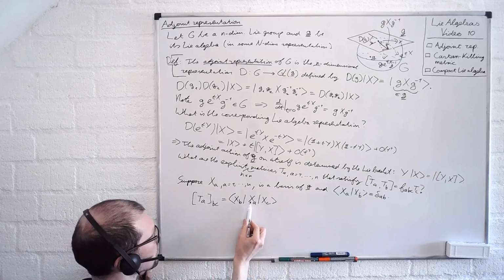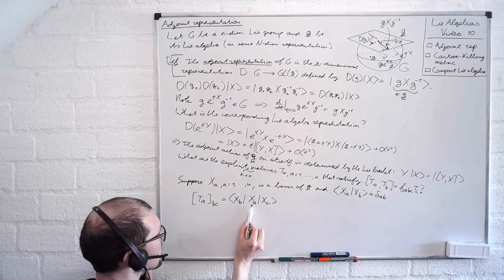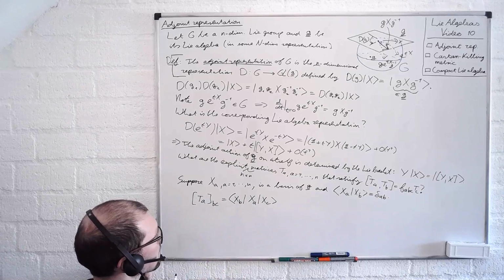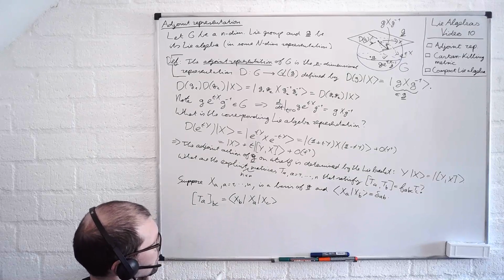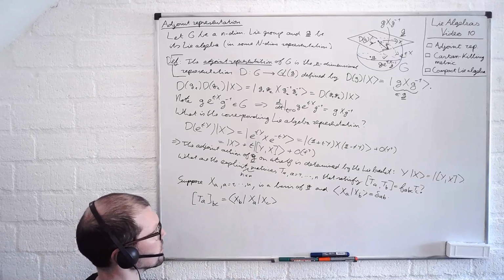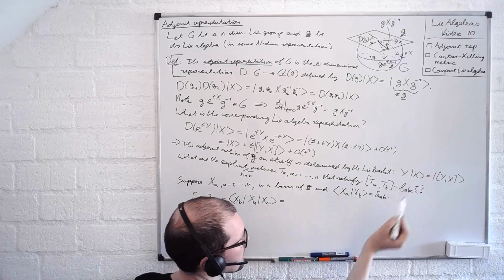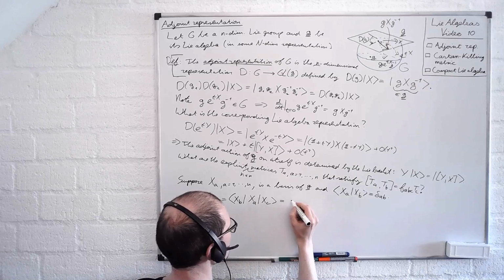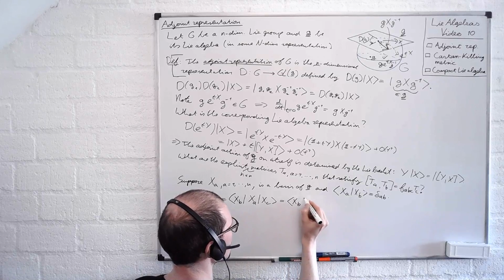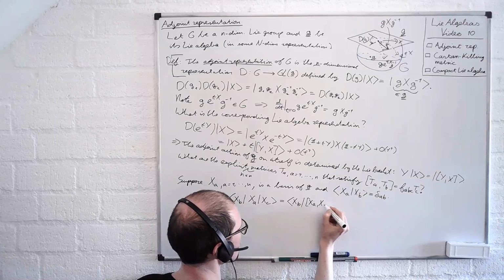I want to know what the adjoint generator T_A is that corresponds to the basis vector X_A. And I want to know what its matrix elements are, so then I have to squash it between these states. And by plugging in the definition, or knowing that the adjoint action is just the commutator, I get that this is the inner product of X_B with the commutator of X_A and X_C.